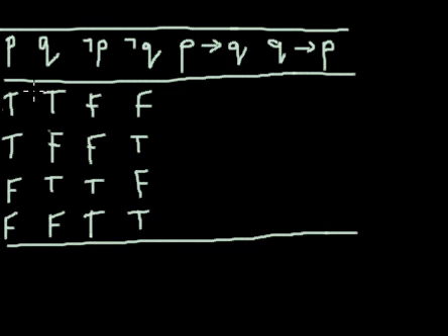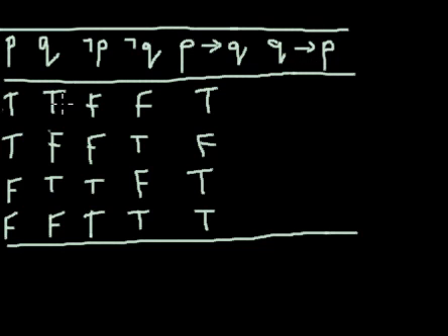With P implies Q, when P is true and Q is true, the statement is true. When P is true and Q is false, the statement is false. This is the only case when it is false. P is false, Q is true, the statement is true. P is false, Q is false, the entire statement is true.